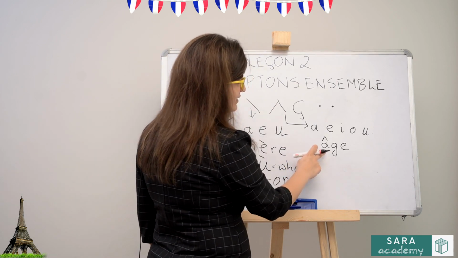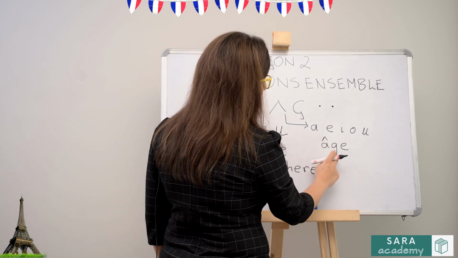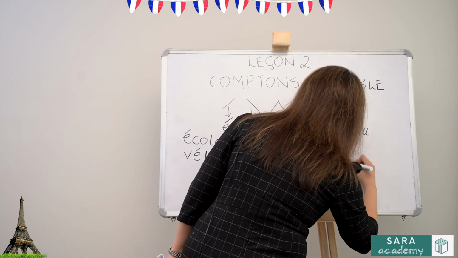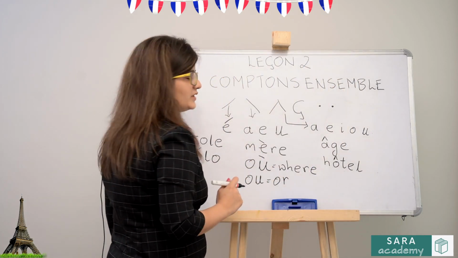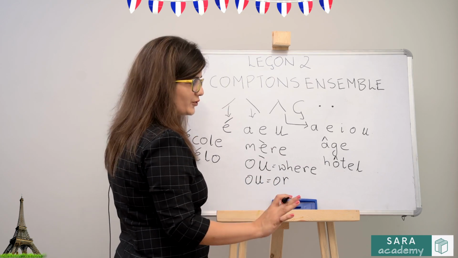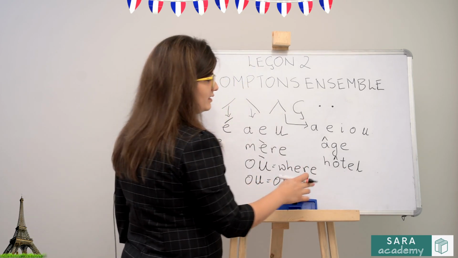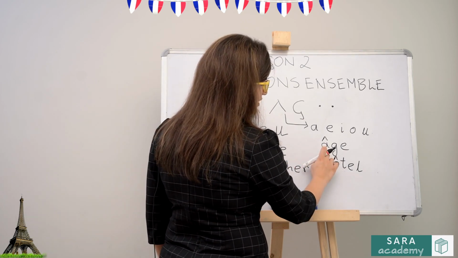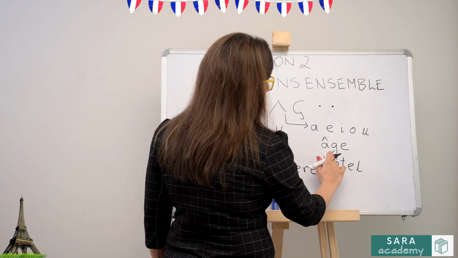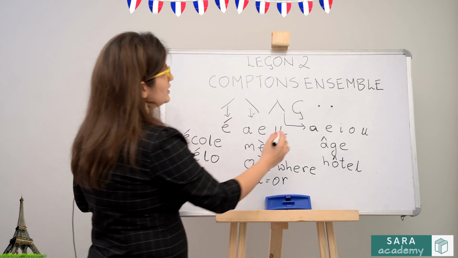You will memorize it as A circumflex G, E. Another one, if we take hôtel. As I had mentioned earlier, H is always silent in French. You never pronounce it. So in English we say hotel, but in French you will say otel. So this will be H-O circumflex T-E-L.